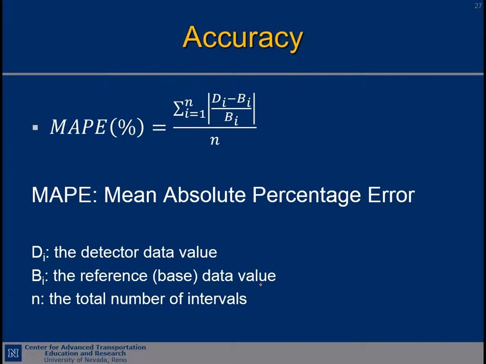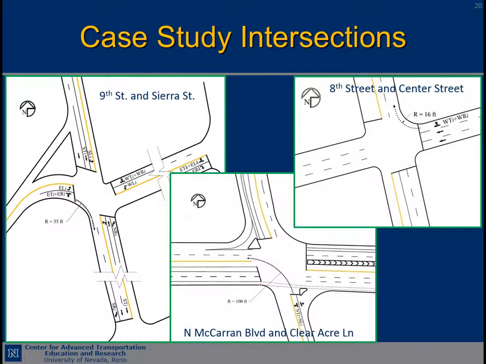For accuracy, I use the mean absolute percentage error, which is very common in calculating errors. Three different intersections in Reno, Nevada were chosen for our case study, intersections with different turning radius.